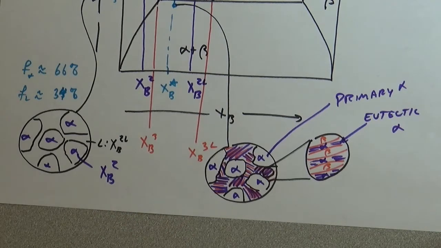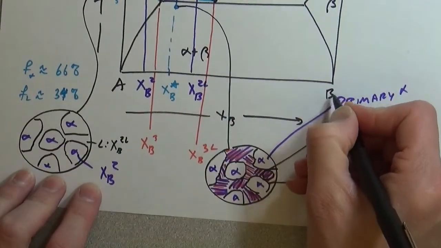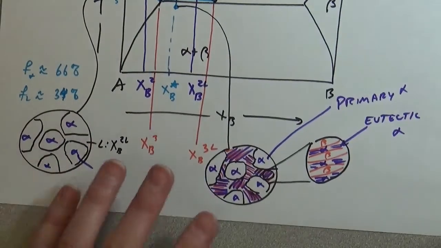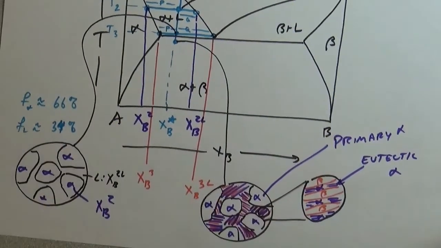When we talk about thermodynamics, we talk about constituents, and we talk about A and B, which in this case could be tin lead or something else that forms this type of binary.